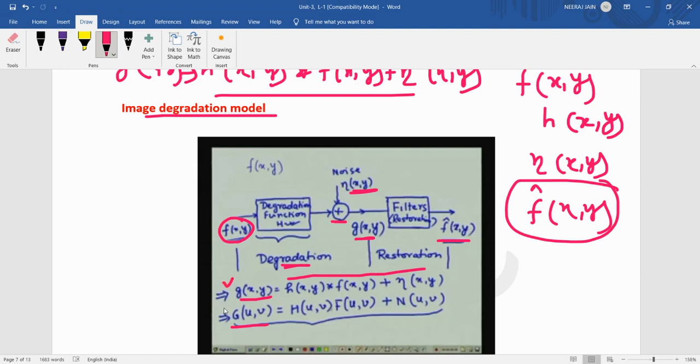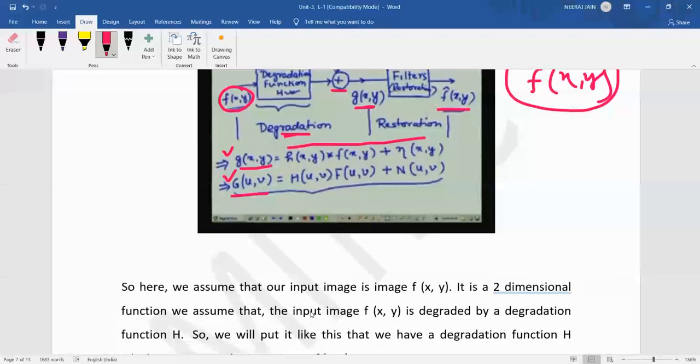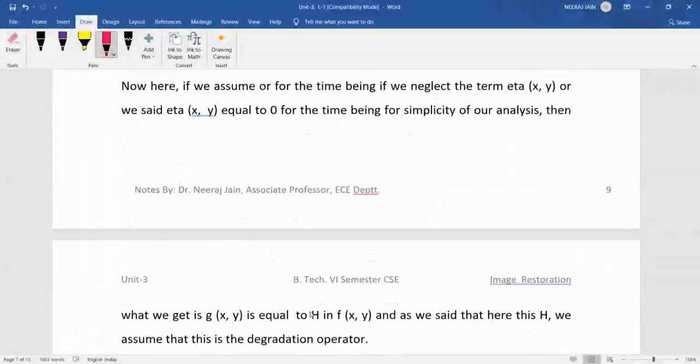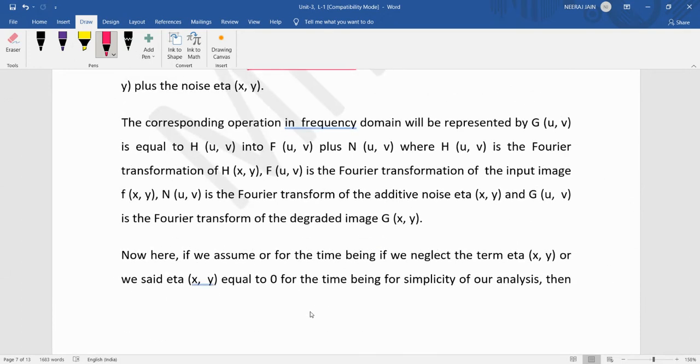Then these two equations are important. The second equation is the frequency domain equation.